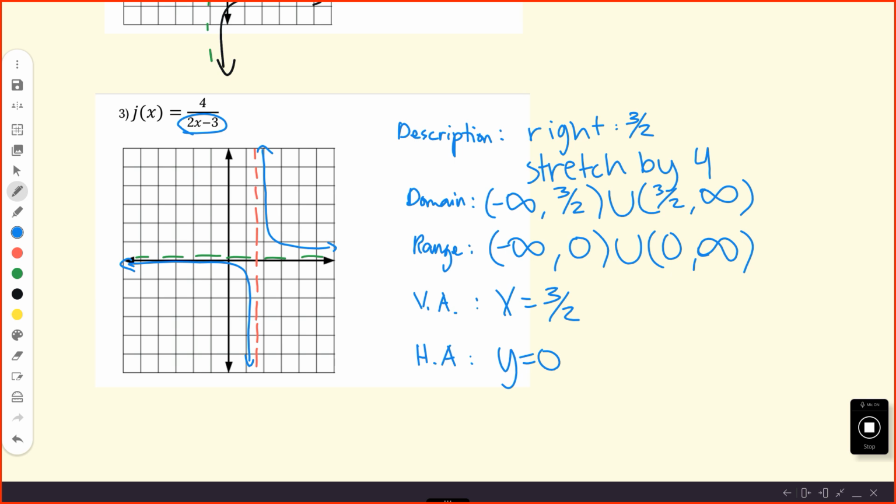The vertical asymptote is 3 halves, so the domain is negative infinity to 3 halves, union 3 halves to infinity, because it can't touch 3 halves. And then the horizontal asymptote is 0 since you don't have a y value. So the range would be negative infinity to 0 union 0 to infinity, because it's not going to touch 0.